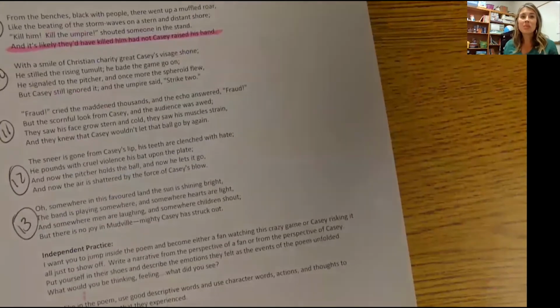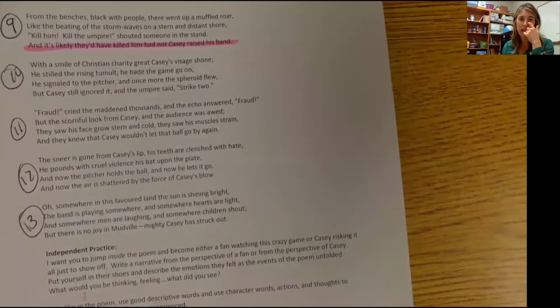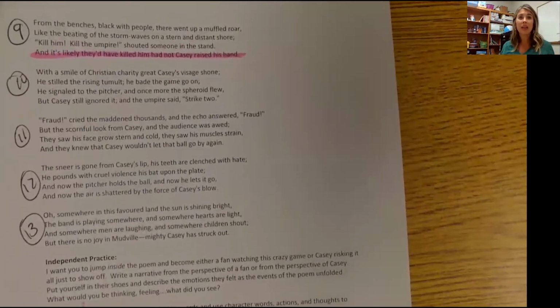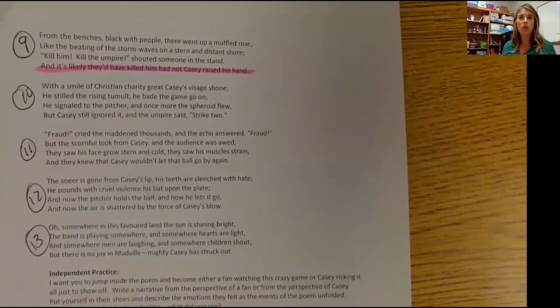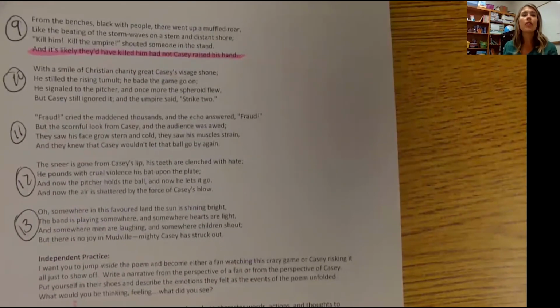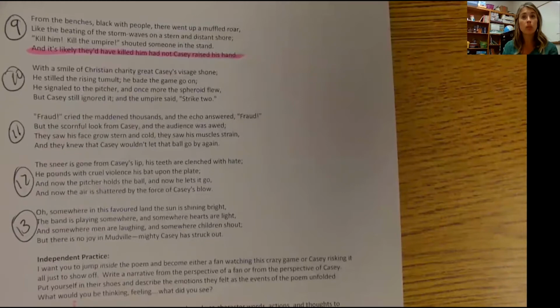Now, this seems like an overreaction. Do you think the fans would have really killed the umpire? Of course not. This is just an example of how the author uses an exaggeration to explain how enthusiastic or how excited the fans were. The fact that the author exaggerates is another note we need to add to our point of view notes.